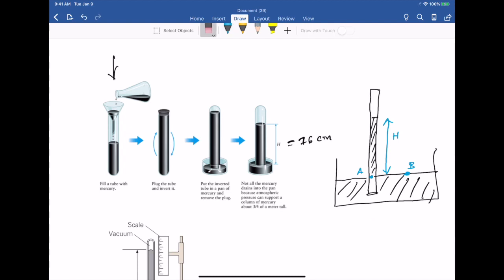If the pressure at A and the pressure at B were different, then the fluid would continue flowing, right? But since the fluid is no longer flowing, I can say that the pressure at A is the same as the pressure at B.